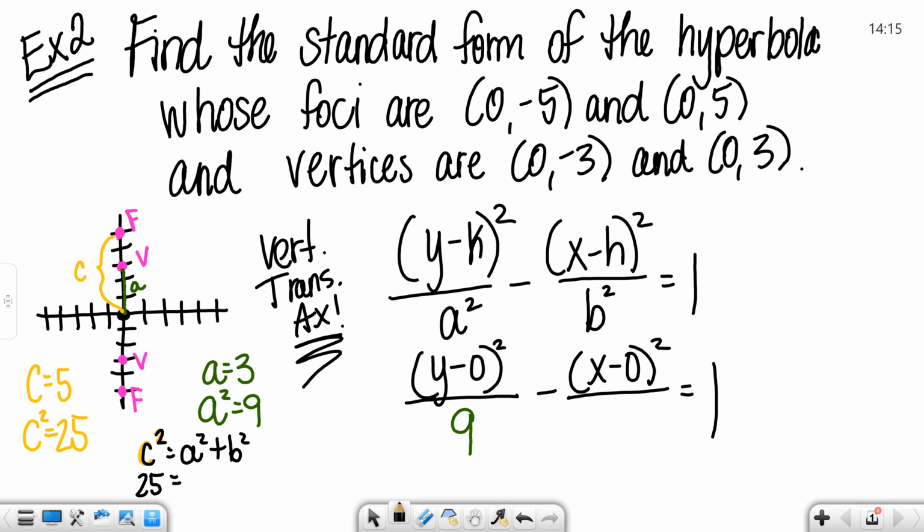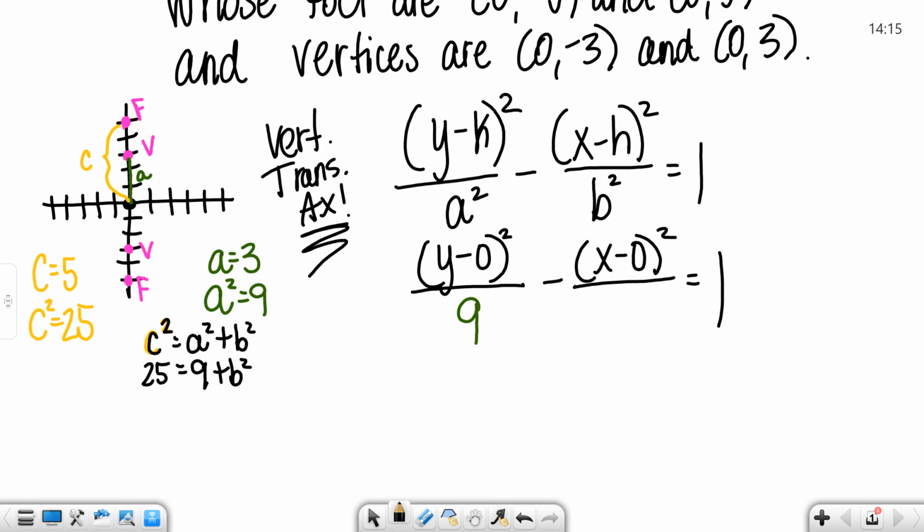So 25 is equal to 9 plus b squared. Take the square root of both sides, and I get b is 4, which makes b squared 16. That's what we were looking for, b squared, because b squared goes under here, 16.